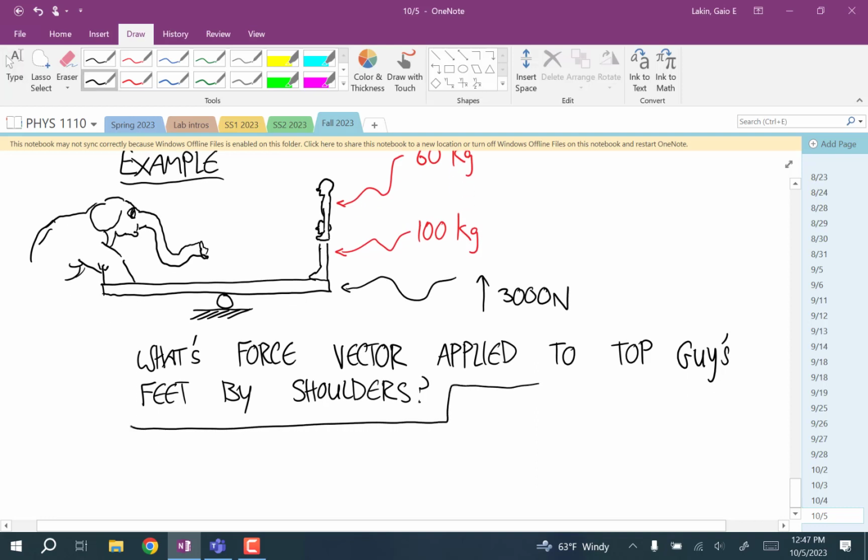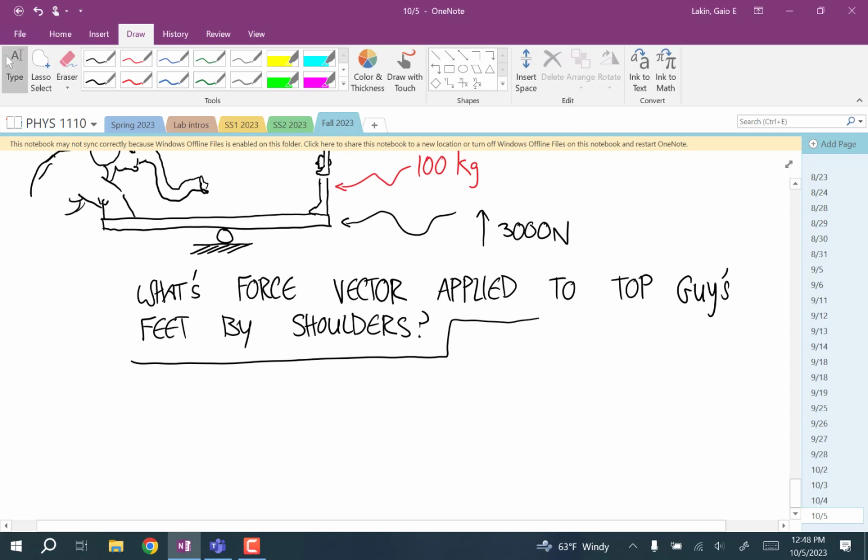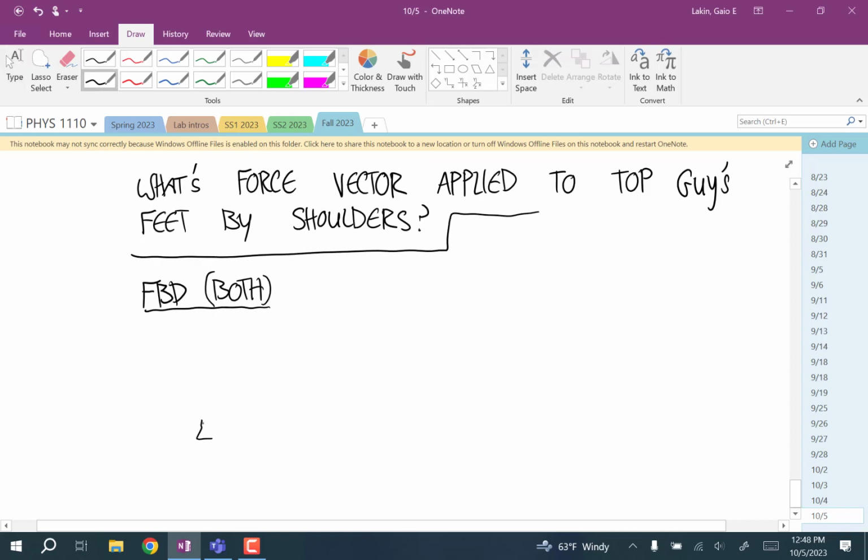All right, so the first thing we're going to do is isolate both of these two guys together as a single thing. So, free body diagram of both of them. There's a weight force down.